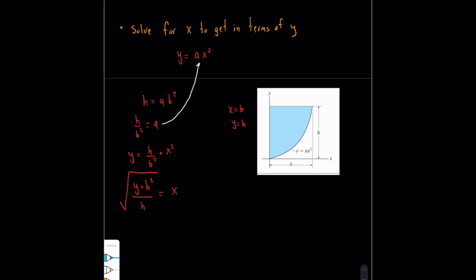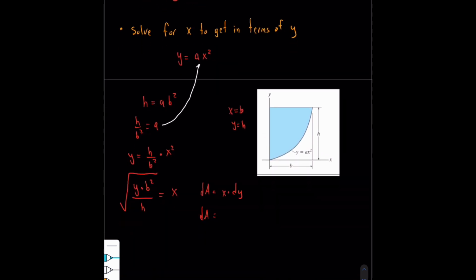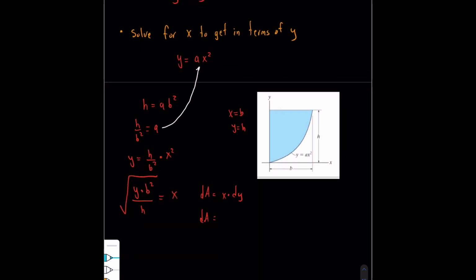And we have our area dA, which is equal to x times dy. So that's going to make this become the square root of y times b squared over h times dy. And I'm going to go ahead and rewrite this so it could be easier to solve once we take the integral.